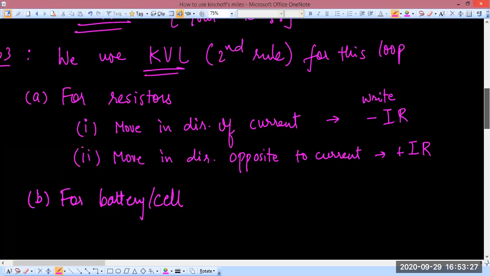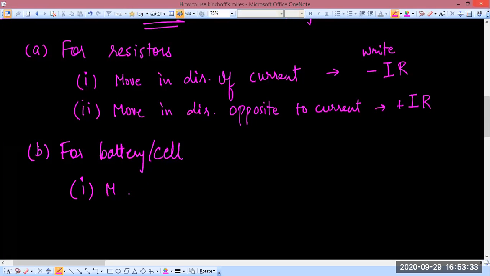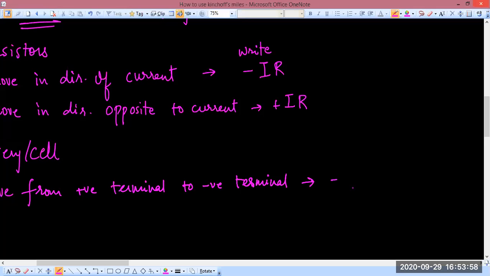So now what's the procedure for battery or cell? If we move from positive terminal to negative terminal, okay, current ની વાત નથી ચાલતી હો. If we move from positive terminal to negative terminal, then we write minus epsilon. ઓકે, ઇન્ટરનલ રેઝિસ્ટન્સ હોય તો એ અલગ ગણવાનું જ છે, એ ભૂલી ન જતા.